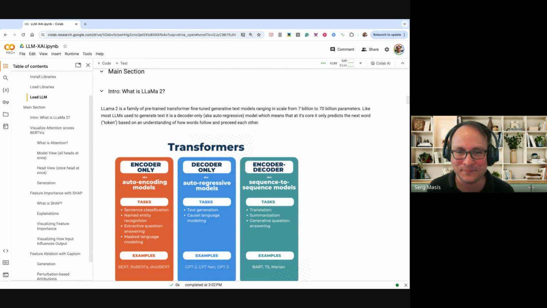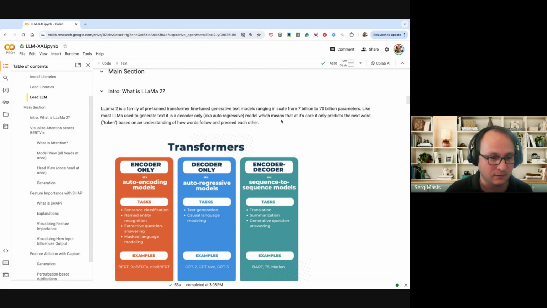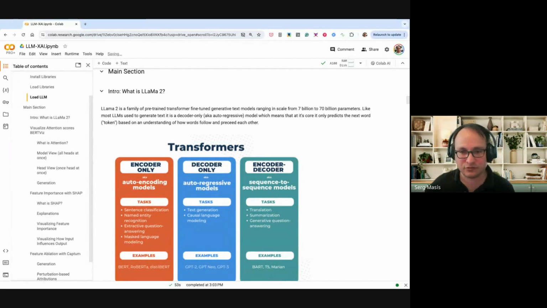It's a family of pre-trained, fine-tuned transformers, in size somewhere between 7 billion to 70 billion parameters. Like most large language models used to generate text, it's decoder only. In other words, an autoregressive model, which means at its core, it is really true what they say: these models were trained pretty much to just predict the next token.